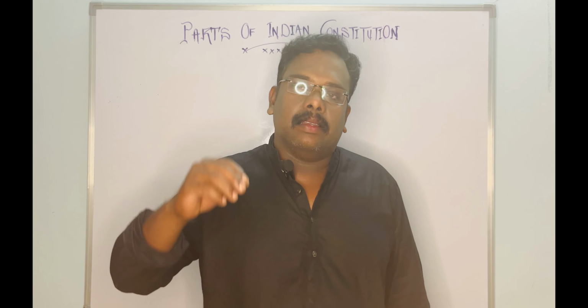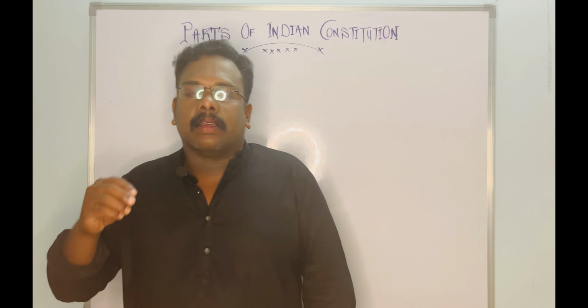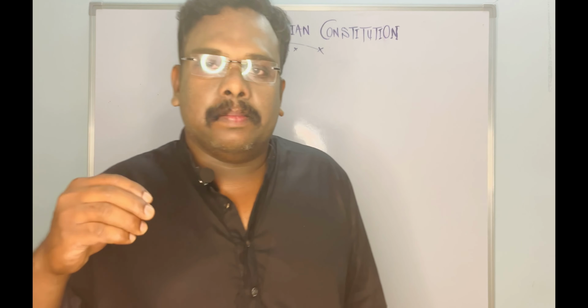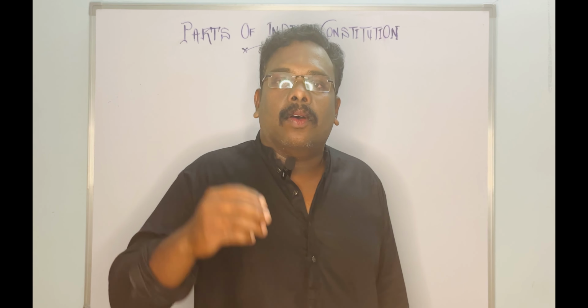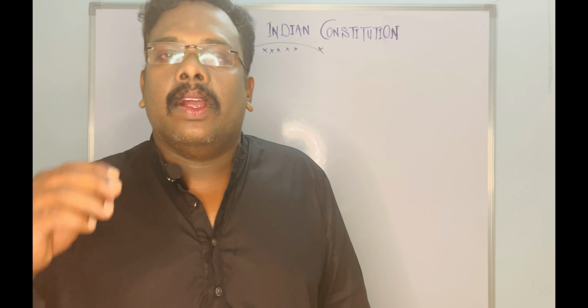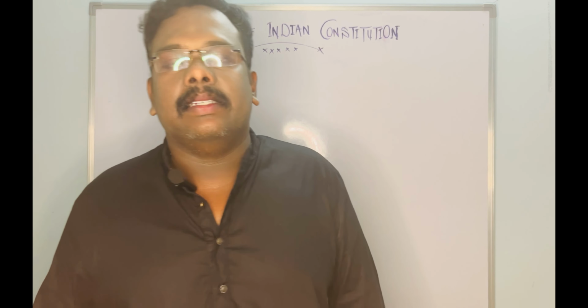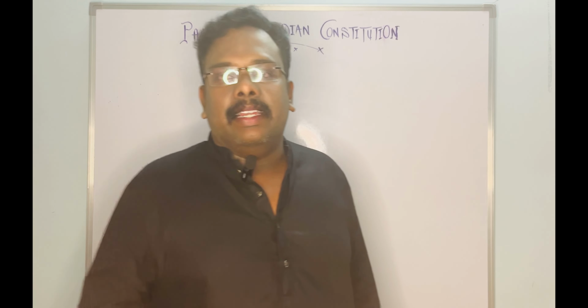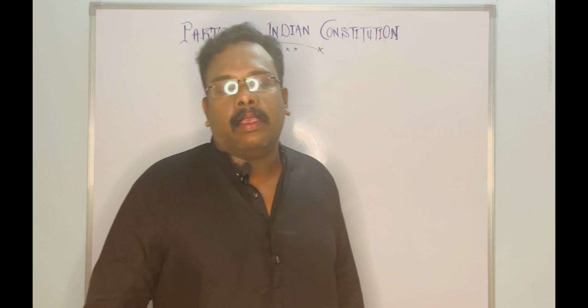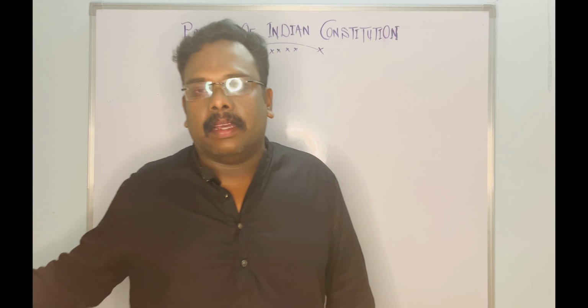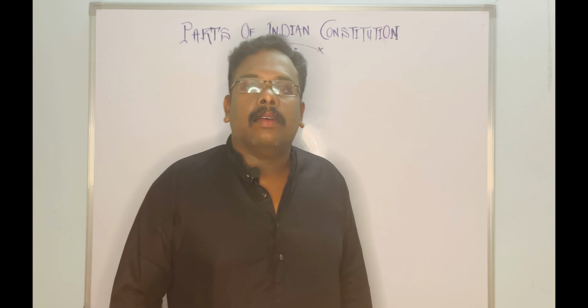So the thing is, when the constitution was prepared or drafted, originally there were only 22 parts. Then at a later stage, one part got deleted or removed. I'll tell the name of that part later in this same video.